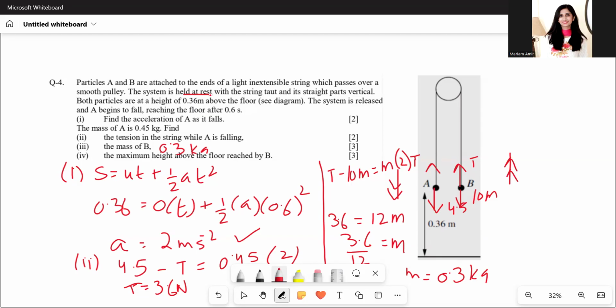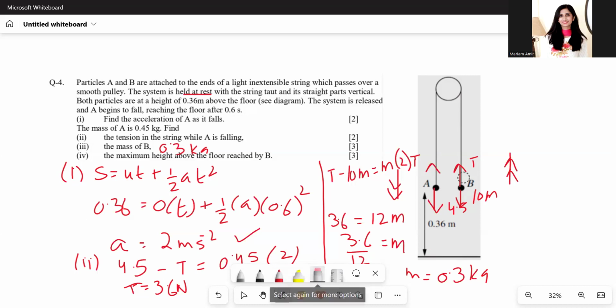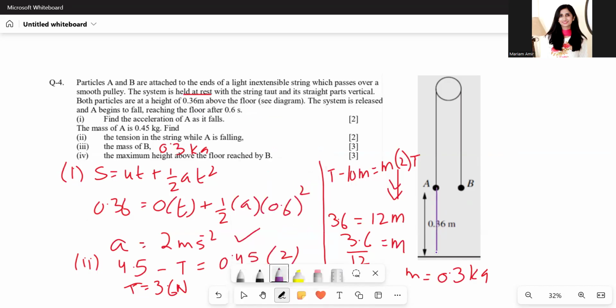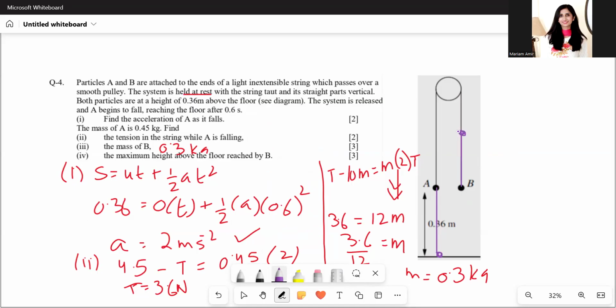Next is the maximum height above the floor reached by B. So when A covers a distance of 0.36, B will cover a distance of 0.36 in the upward direction.